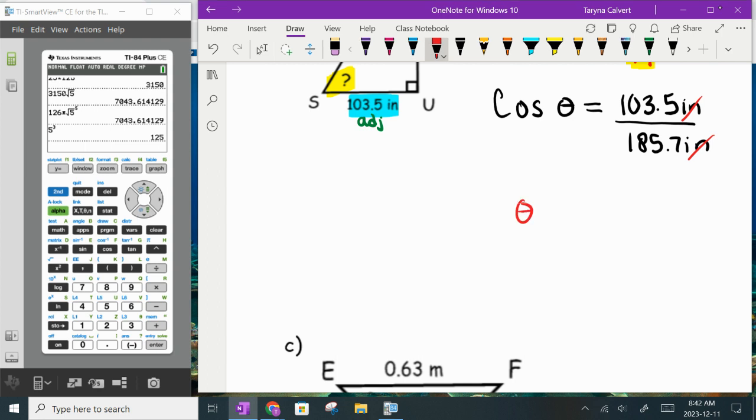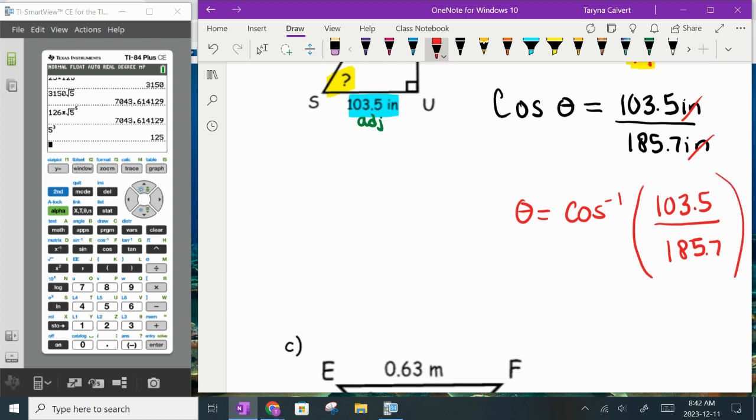So theta is going to equal second on your calculator. I'll show you where this is in a second. So those ones that weren't here, you should be able to see cos with a little -1 on your calculator where the cosine button is, but on the face of it. So just give me a second to finish writing this, and then I'll remind you guys where it is.